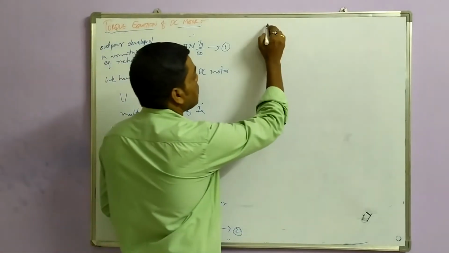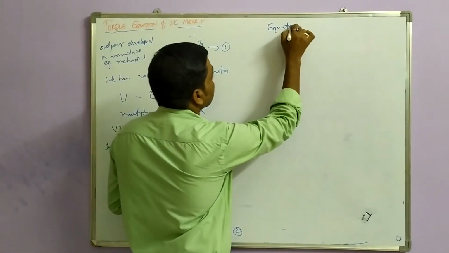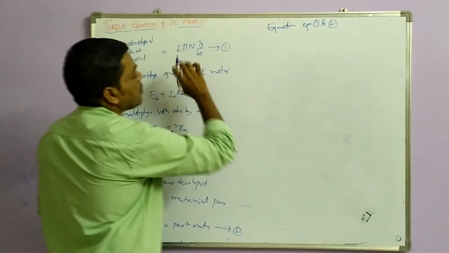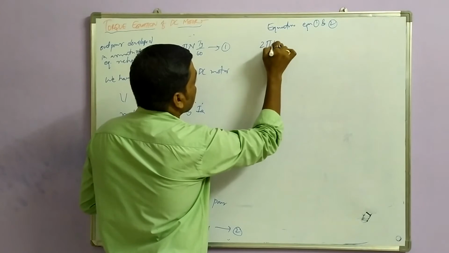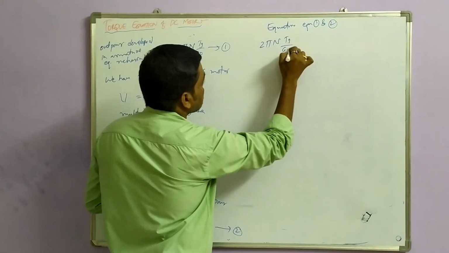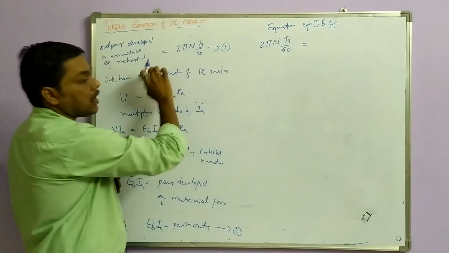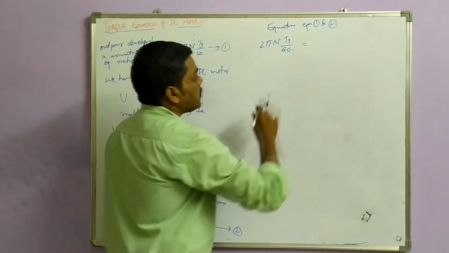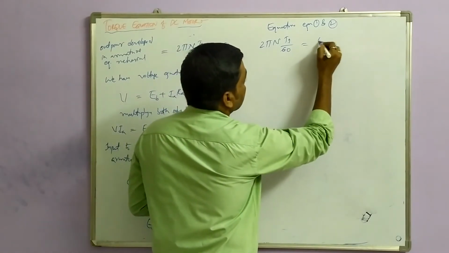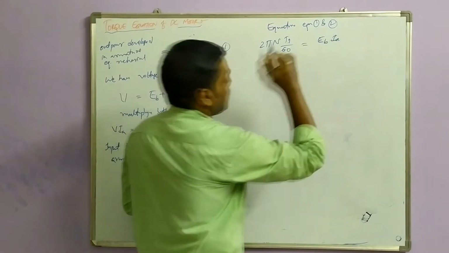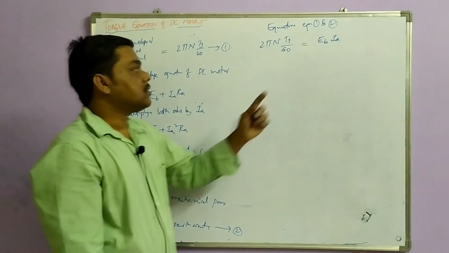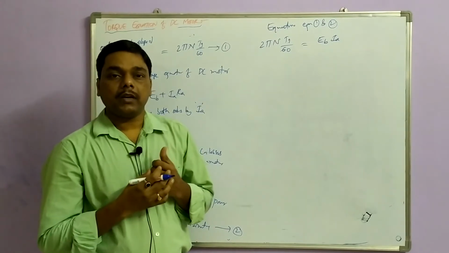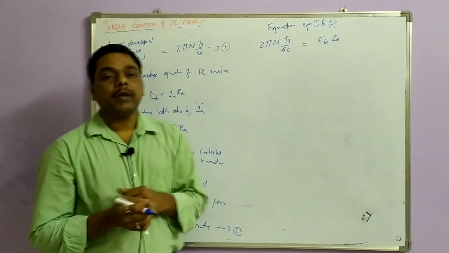Now equating equations 1 and 2. Equation number 1 is 2 pi n Tg by 60, which is nothing but work done in 1 second, equal to power developed in armature. 2 pi n Tg by 60 equals Eb into Ia. Eb is the back EMF, the generated EMF in motor, equivalent to generated EMF in generator.